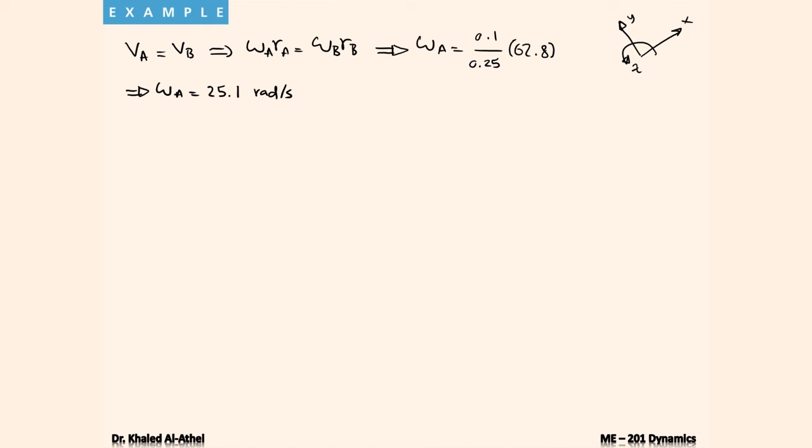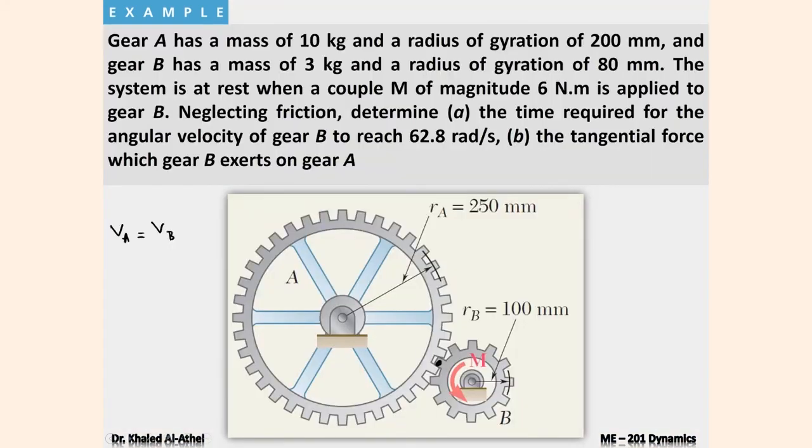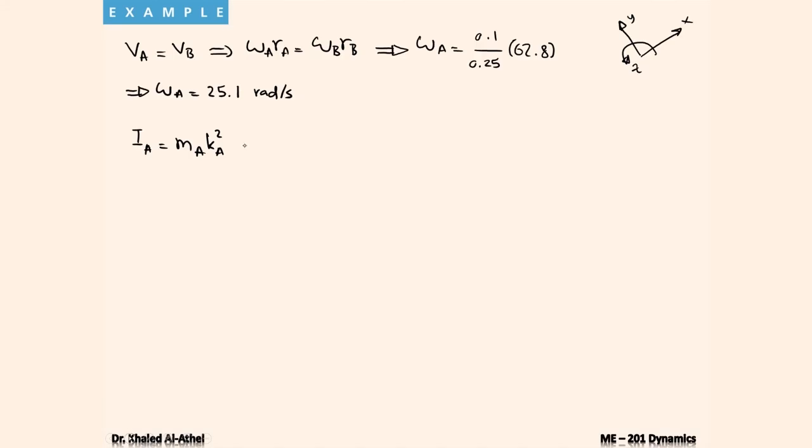Second thing, let's compute IA and IB because I'm going to need them. Since I have the radius of gyration, it's going to be MA KA squared. Mass is given for A as 10, radius of gyration is 200. So this equals 10 multiplied by 0.2 squared, and this gives me 0.4 kilogram meter squared.